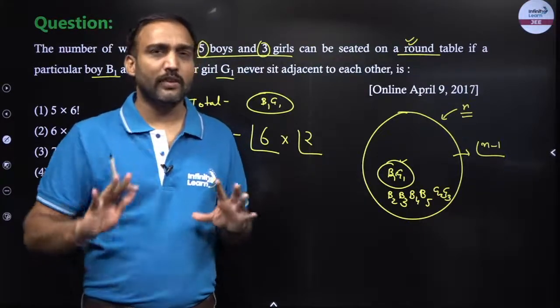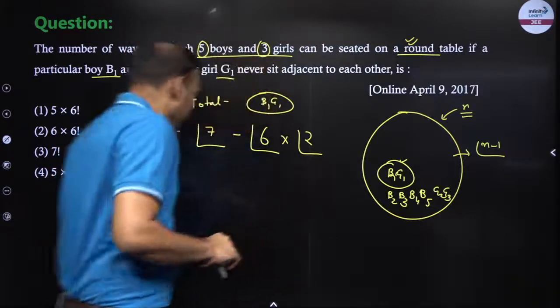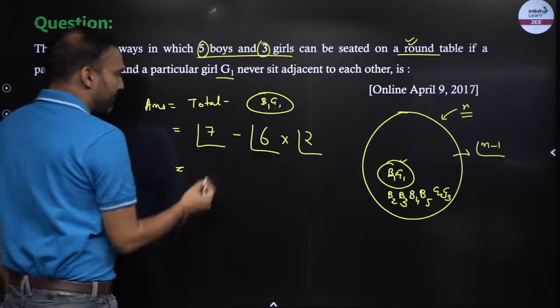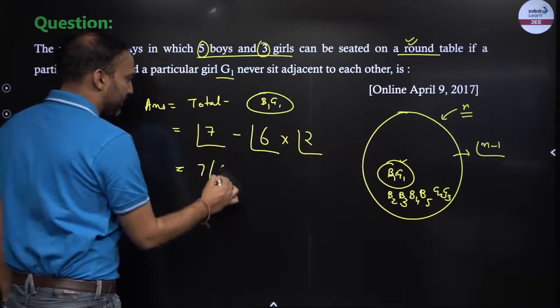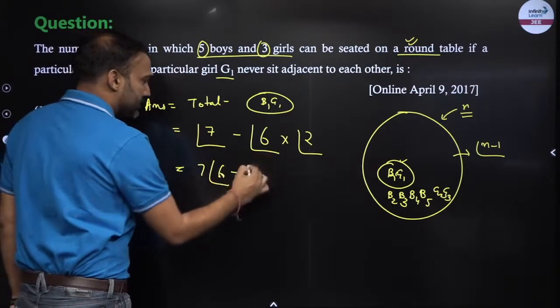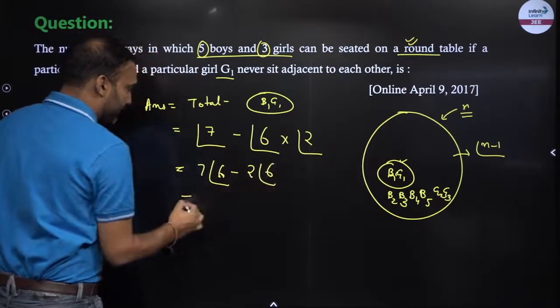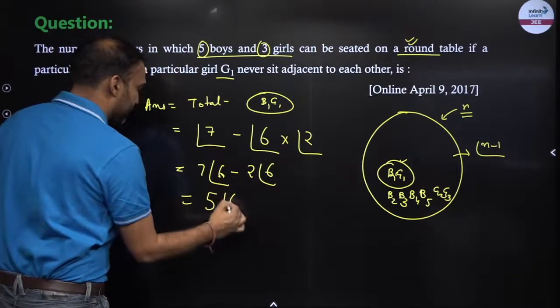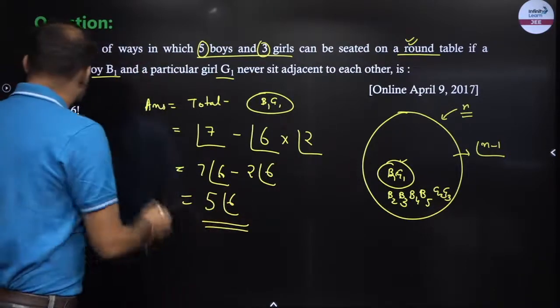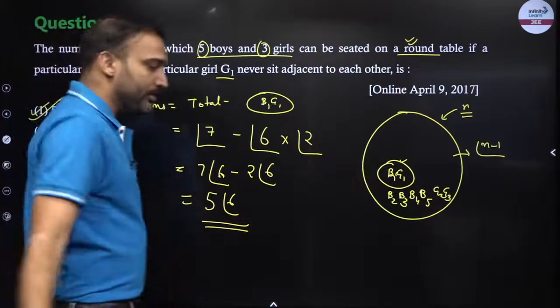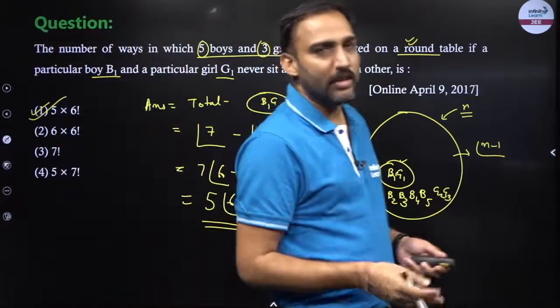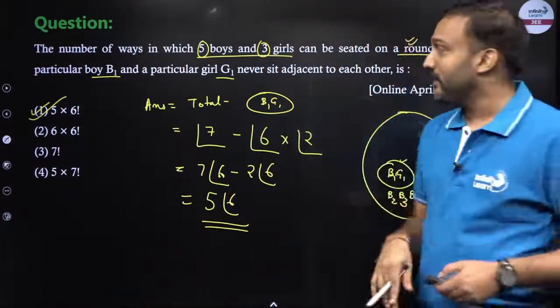Now you have to use factorial n always. So over here my answer would be factorial 7 minus 2 factorial 6. So my answer becomes 5 factorial 6. Do I see 5 factorial 6? Yes, option number 1 is 5 factorial 6, and that would be your correct answer for this particular example.